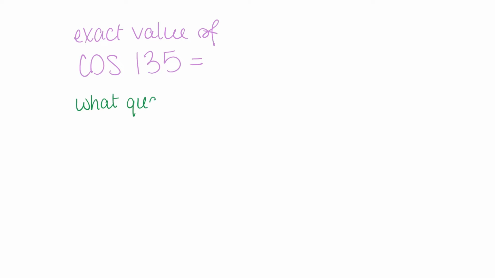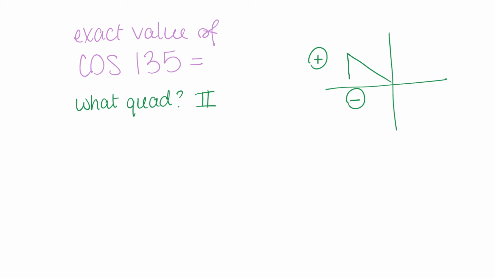Do you know? Quadrant 2. That means you know that in quadrant 2, you've got a negative x and a positive y. So you've got something that looks like this. And we know we have 1, 1, and root 2.